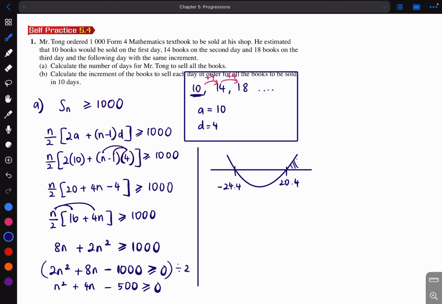So our answer would be n is less than equals to negative 24.4, or n is more than equals to 20.4. And in this case, since we are finding n, this n cannot be negative. So this one we reject. So it has to be this. If n is more than 20.4, we can say n is 21.